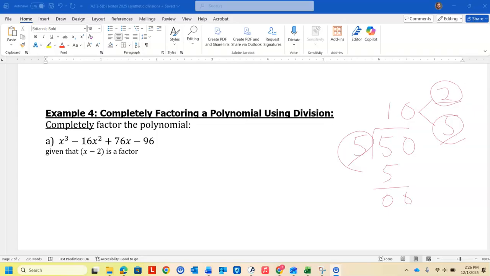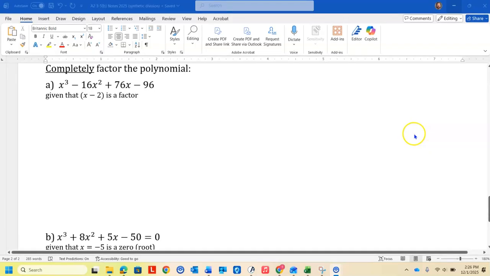Okay, so kind of the same idea here. Let me clear this drawing. Give myself some room here. Okay, so I want to factor completely, but I need to divide first. So it says given that x minus 2 is a factor.